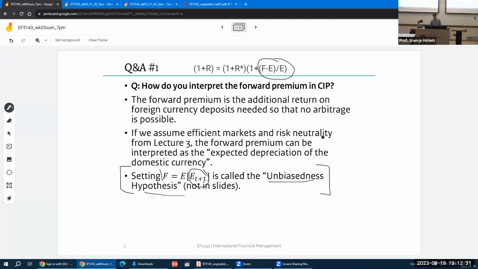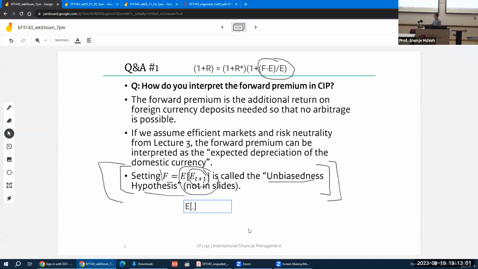We can get to this interpretation once we impose some assumptions, which allows us to swap out average future E with F, okay? I hope this notation is not too foreign to you. This E function is supposed to represent expected value or averages. I hope everybody has some exposure to statistics, but if not, I'm going to try to refresh your memory.